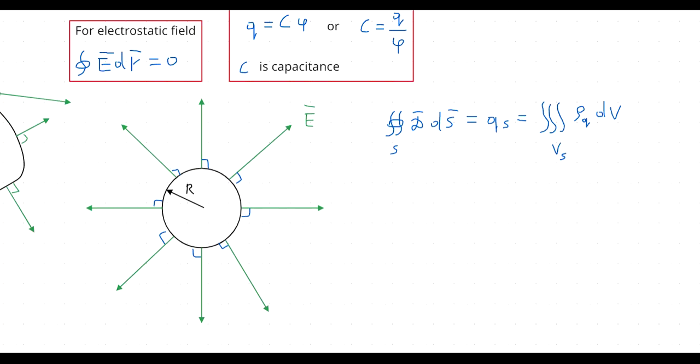is to define the type of symmetry of the system. We have a ball. A ball has a center of symmetry in the center of the ball. So the next step is to choose a closed surface S which has the same symmetry.